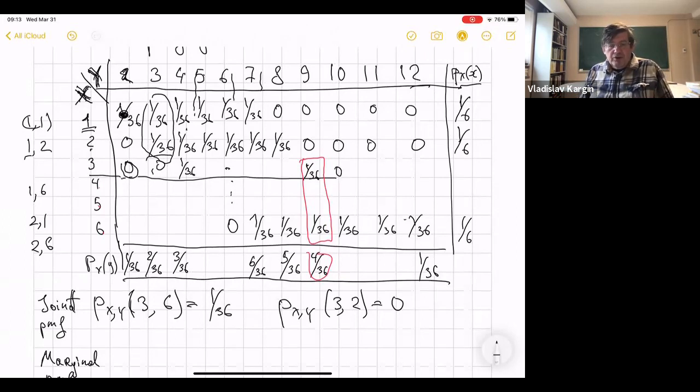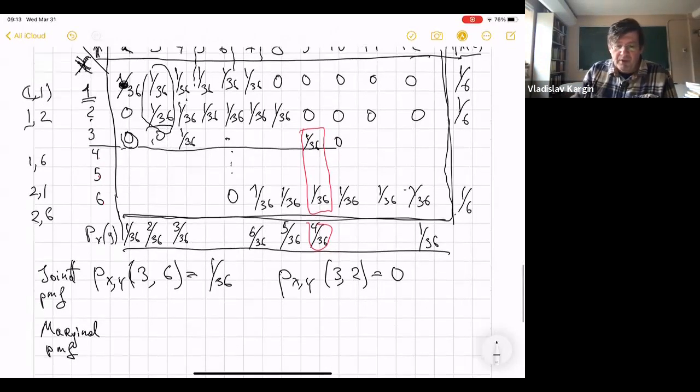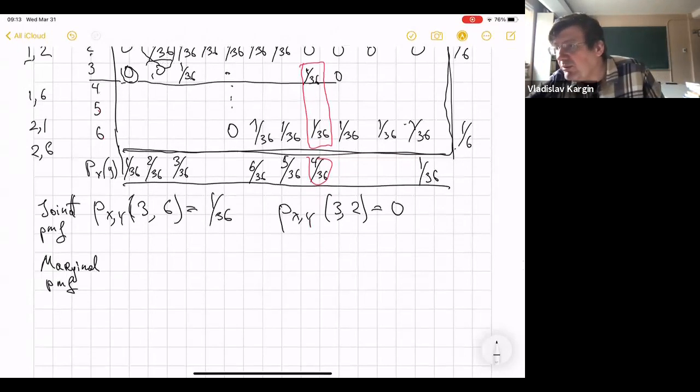Hopefully this gives you the idea of the relationship between a joint PMF and a marginal PMF. This also explains the name marginal: we have this big table, and we calculate the sums of the rows and the sums of the columns, and write them in the margins of this distribution.